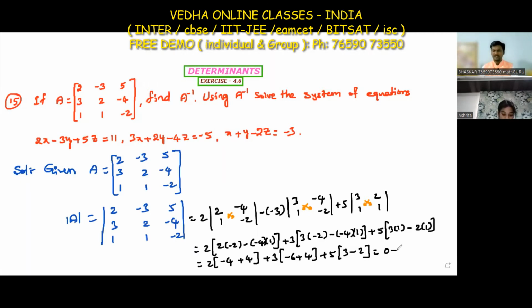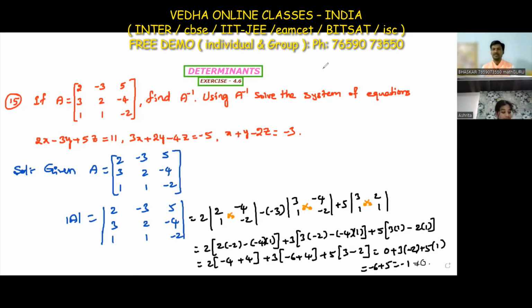So first term is 0, plus 3 into minus 6 plus 4 is minus 2, and plus 5 into 3 minus 2 is 1. Okay, 3 2 times is 6. Minus 6 plus 5, that is nothing but minus 1. Is it equal to 0 or not equal to 0? Not equal to 0. So inverse exists.